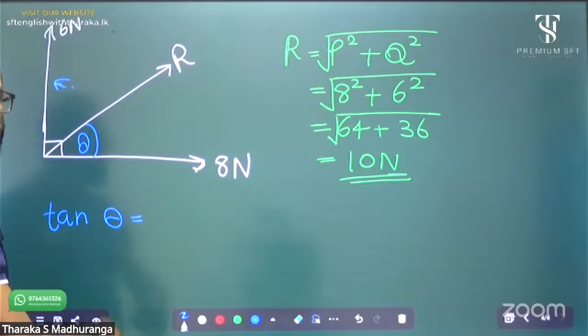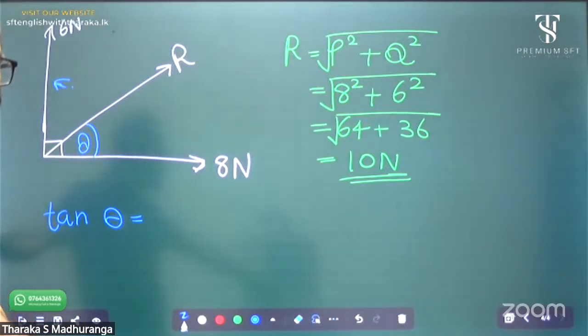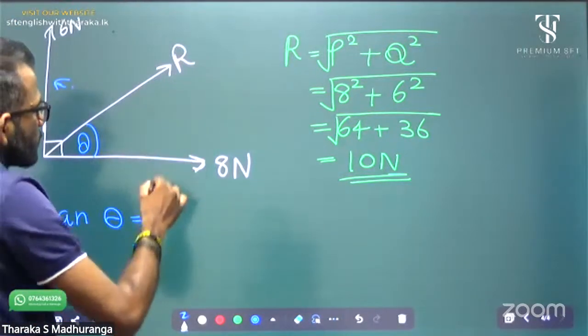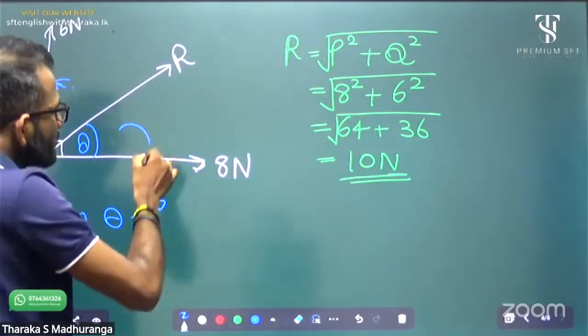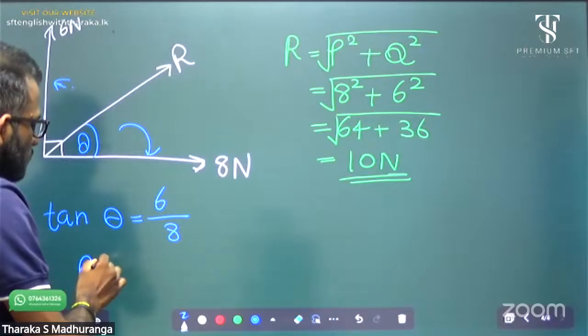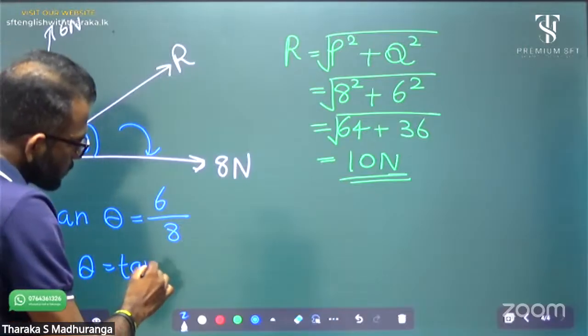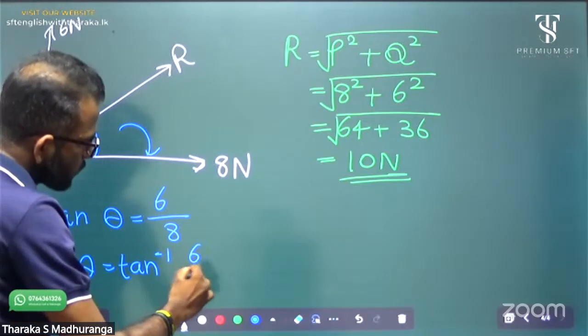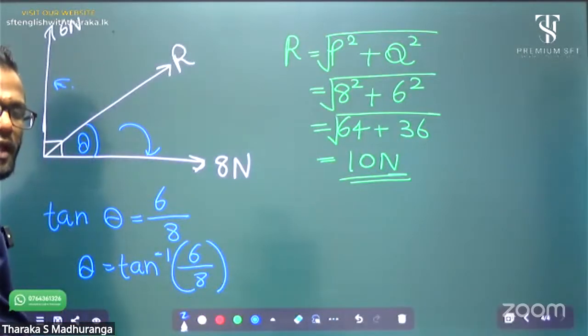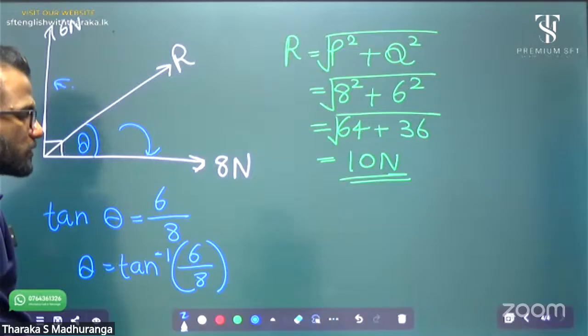This is the opposite. Opposite 6, adjacent 8. Now theta equals tan inverse of 6 over 8.